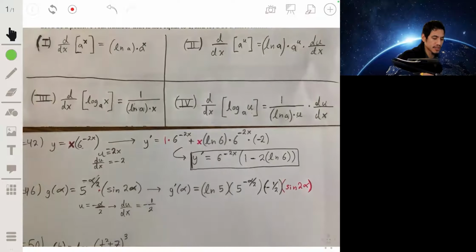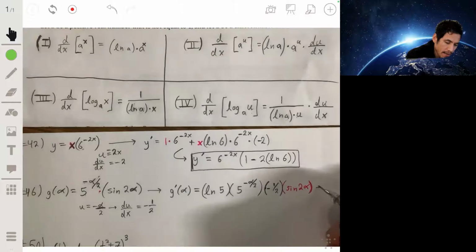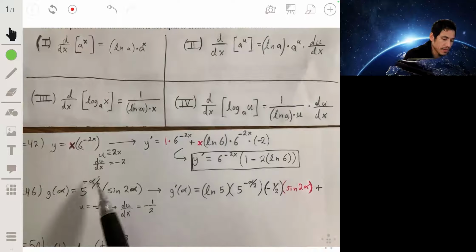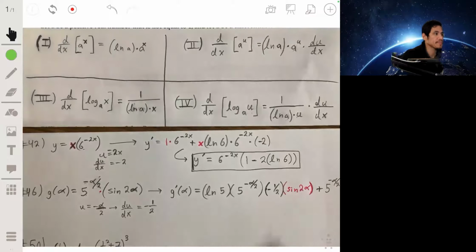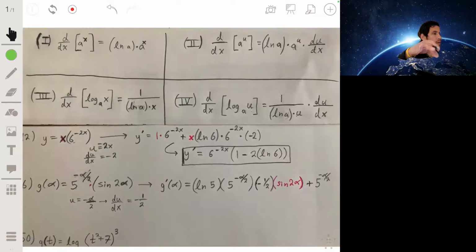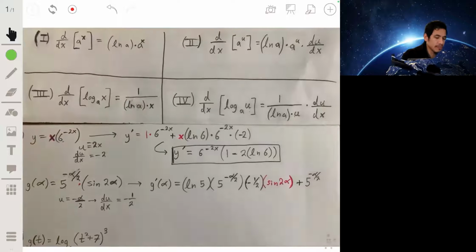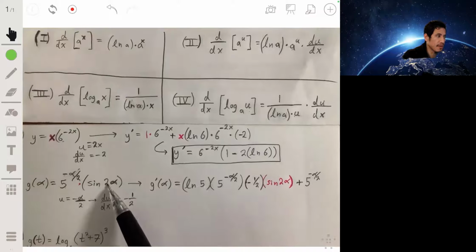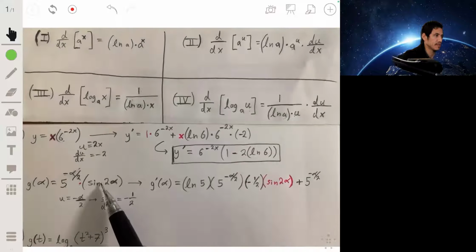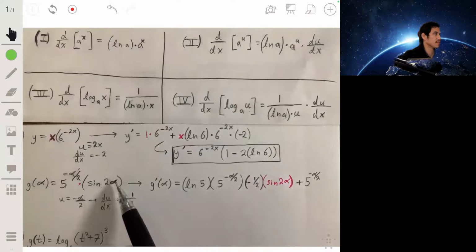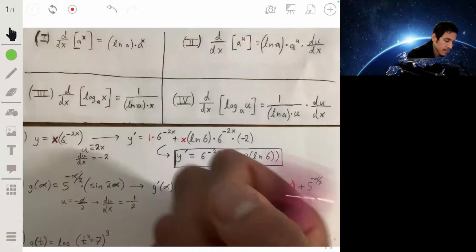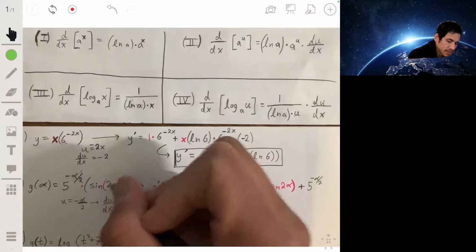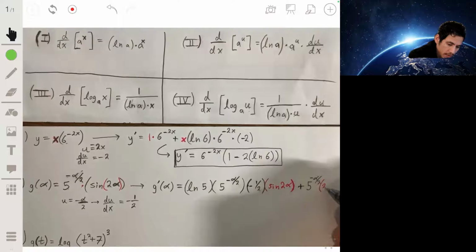Okay, then to this, we're going to add this. We're going to hold now the 5 to the negative 1/2 alpha times the derivative of sine of 2 alpha. To take the derivative of sine of 2 alpha, you're going to use chain rule, where you're going to take the derivative of the inside, the derivative of 2 alpha, which is just going to be 2.